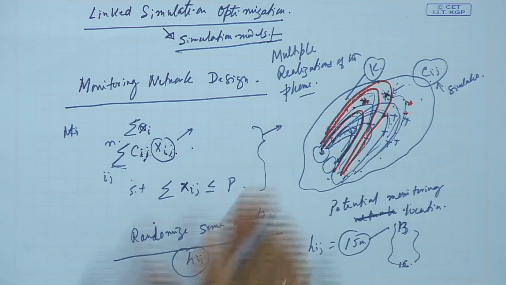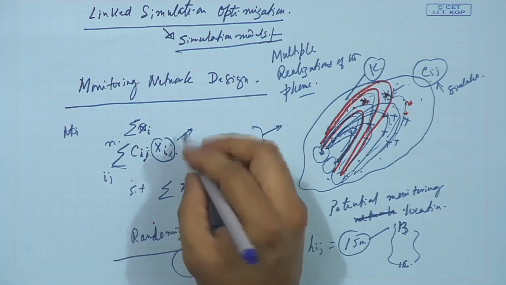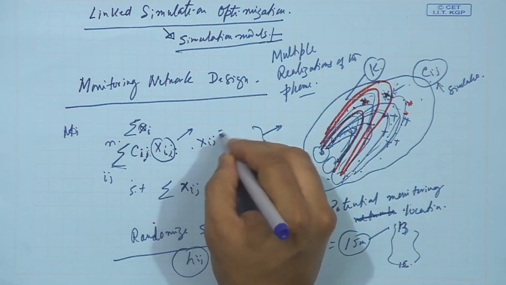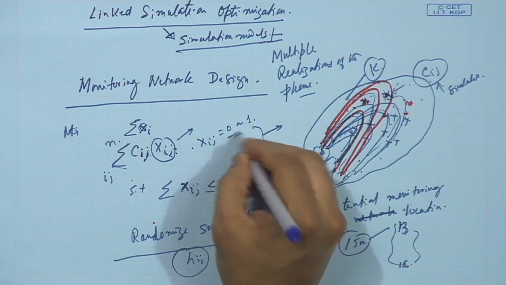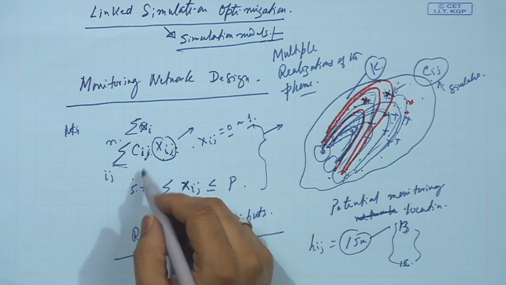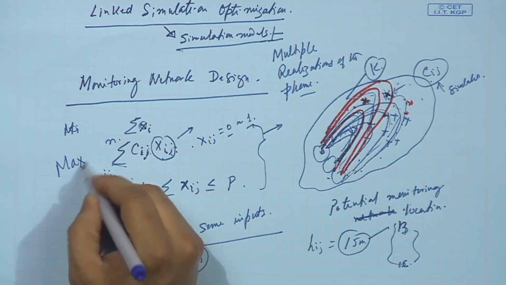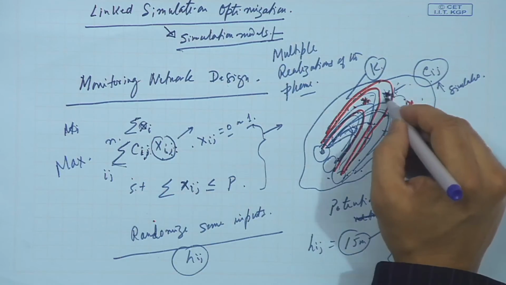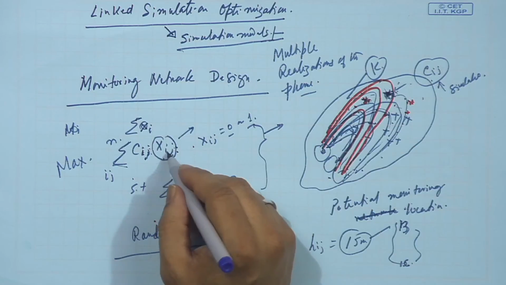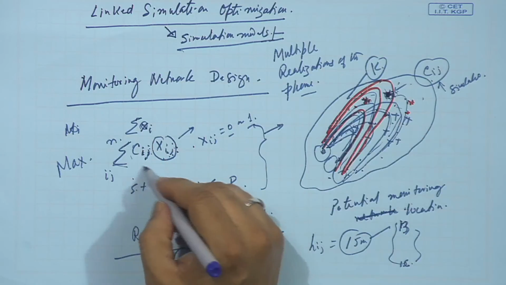What it means, and that is what I want to discuss, is that Xij can be equal to 0 or 1. Okay, it is a 0 or 1 variable. So if your concentration, I am doing maximization, is very high over here, it is very likely that you would like to place a monitoring location at that point, because then you will increase the objective function value.